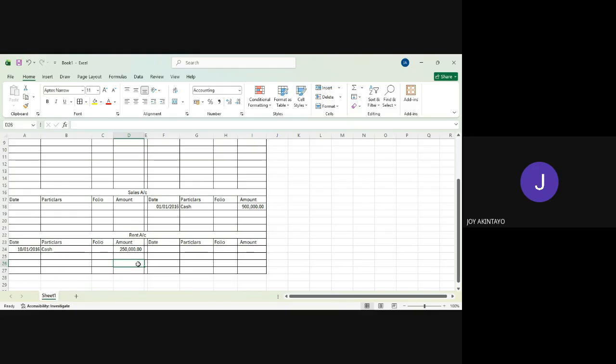Do you understand? So next one. Purchased 200,000 naira goods for cash. We purchased 200,000 naira goods for cash. Can you try?